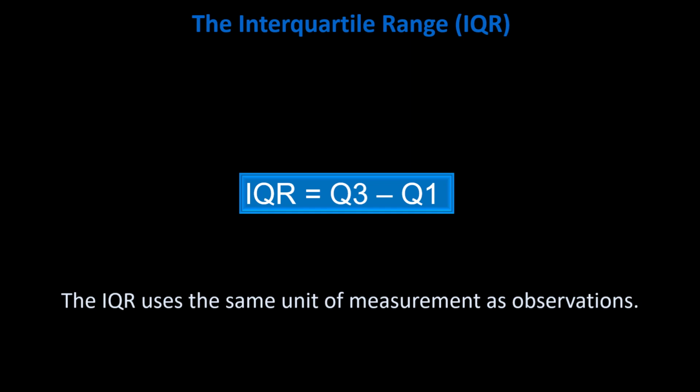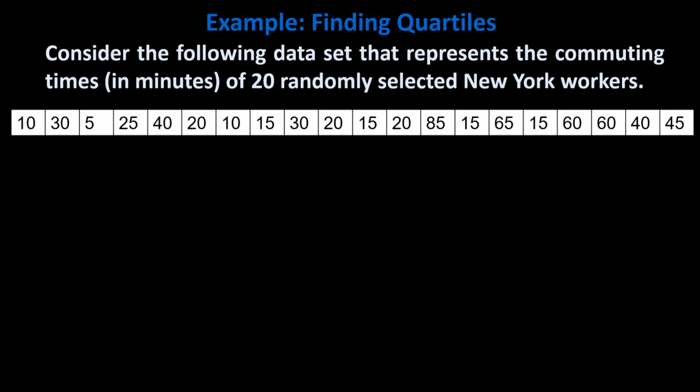The IQR uses the same unit of measurement as observations. What is the meaning of that? Suppose we have a data set in miles. Then IQR is also in miles. Okay? Right. Now let me explain an example.